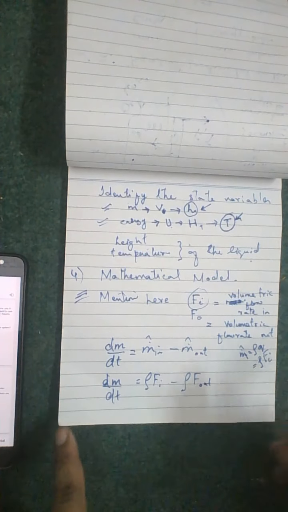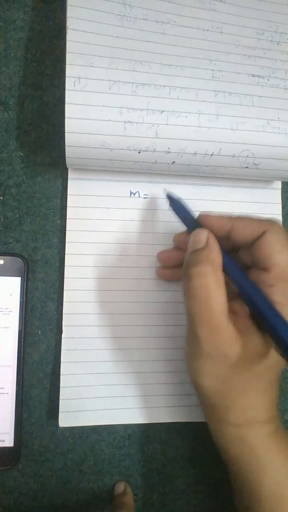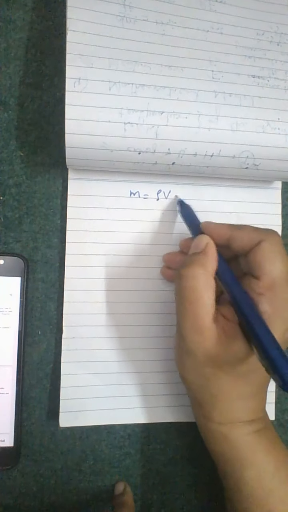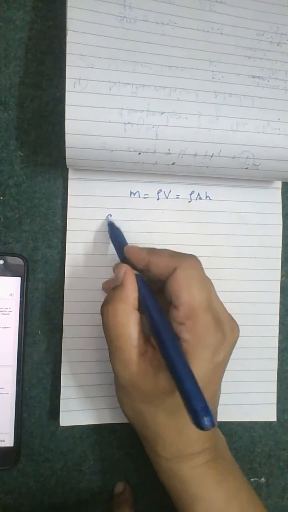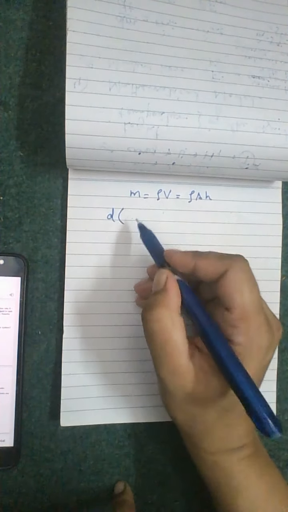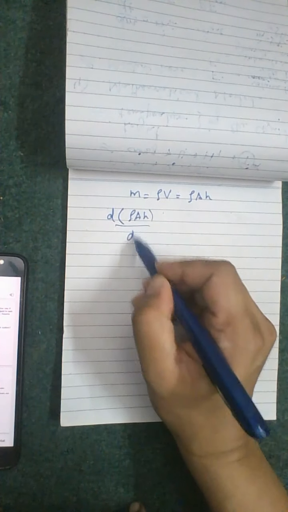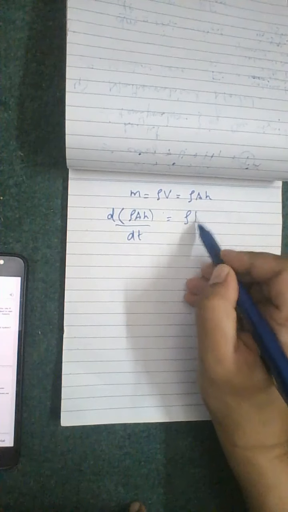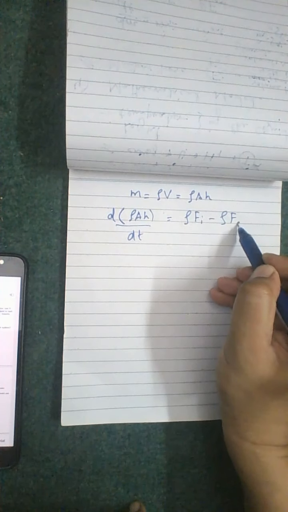So the mass can be represented in terms of height by the formula rho into volume, and volume is equal to area into the height. So putting that in the above equation, we have d rho Ah over dt is equal to rho Fi minus rho F out.